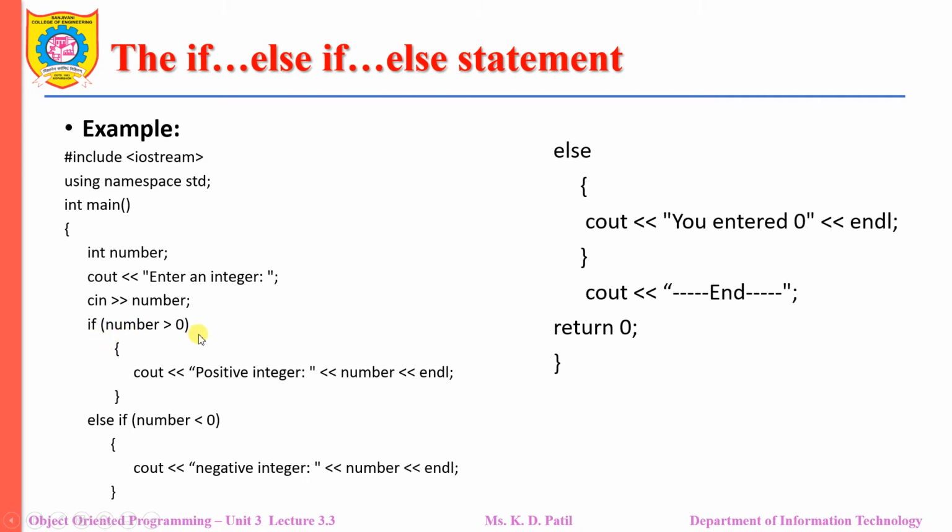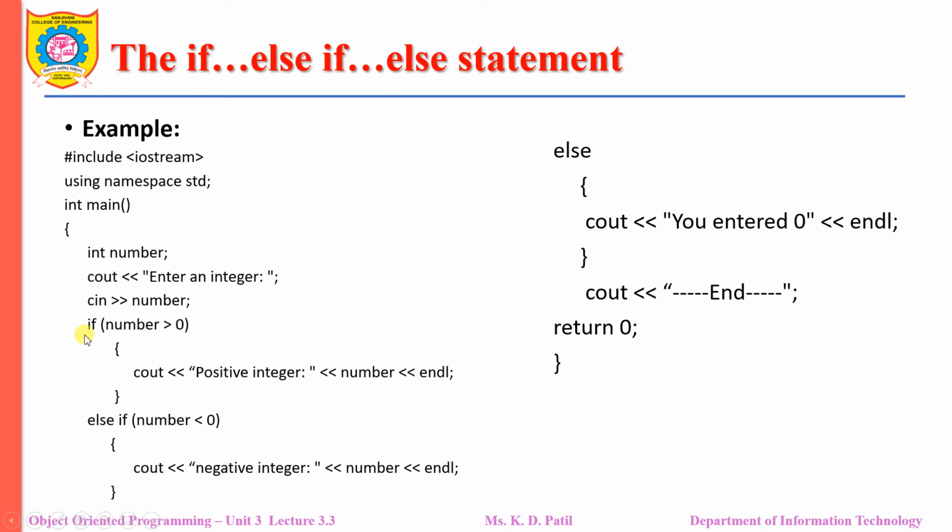If the number is greater than 0, for example, let us consider the number I have entered here is 5, then this block will be executed, that is, positive integer 5. But in case the number is minus 5, then the condition will be checked first, that is, if minus 5 is greater than 0. Of course the condition is false, so in that case this block will not be executed.